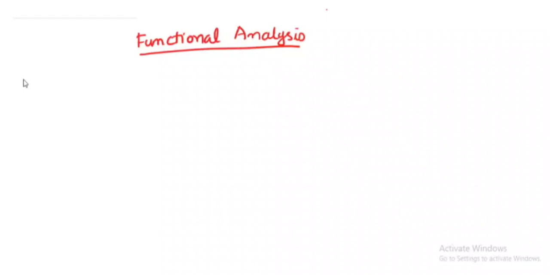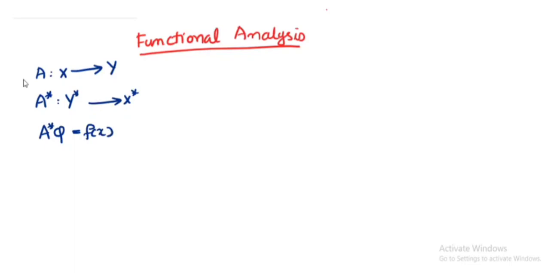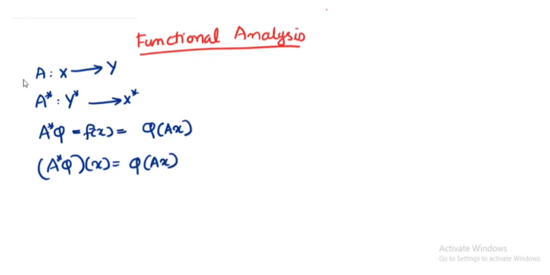For a bounded linear operator A from X to Y, its dual operator A star is defined from Y star to X star, defined as: A star phi of x is equal to phi of Ax. This is our definition. Now we are moving to some notations.